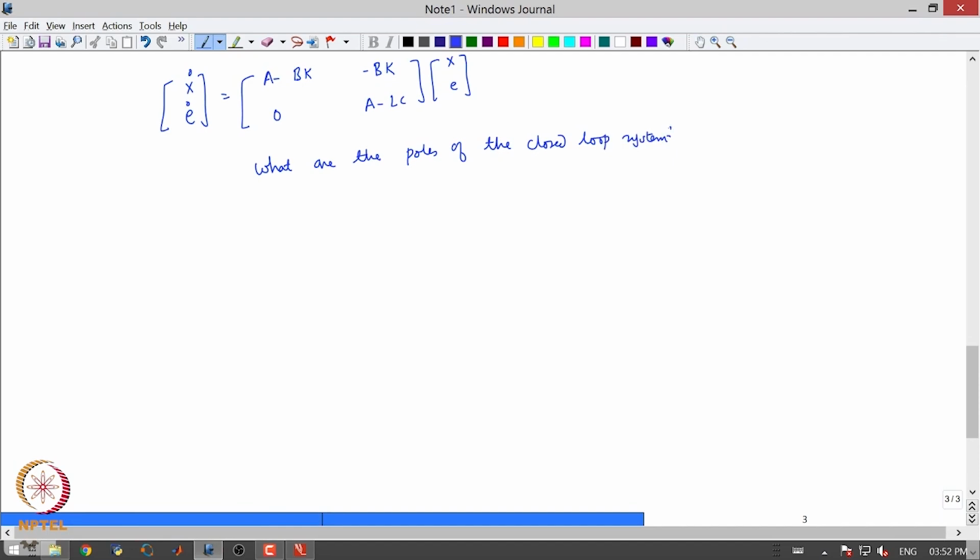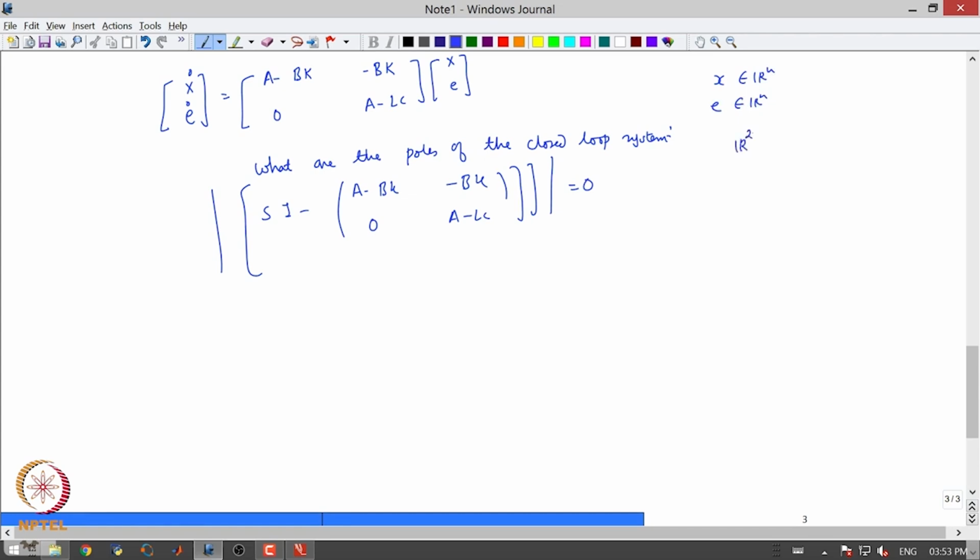I just do s I minus this entire thing of A minus Bk, B k, 0, A minus Lc. The determinant of this equal to 0 will give me the characteristic equation. Mind you that x is in R n and the error is also in R n. So, the overall system will be of dimension R 2 times n.